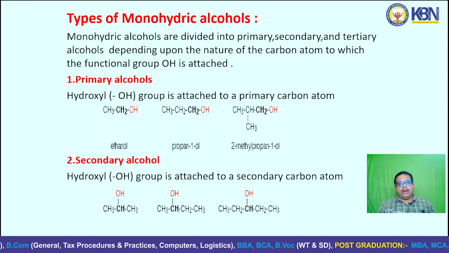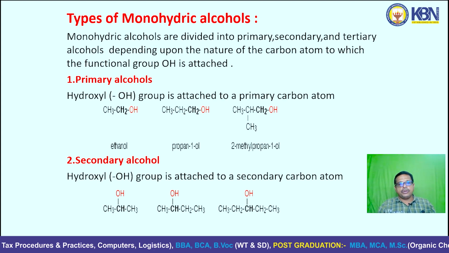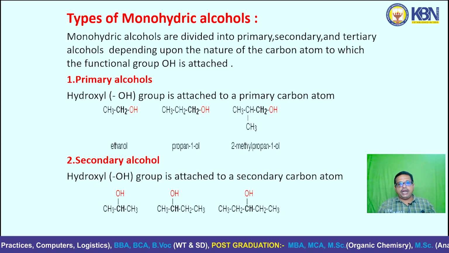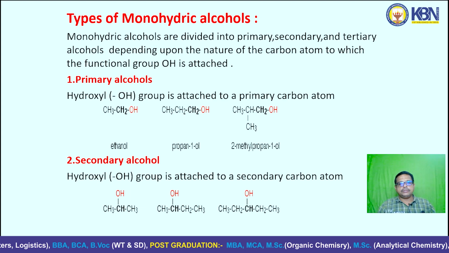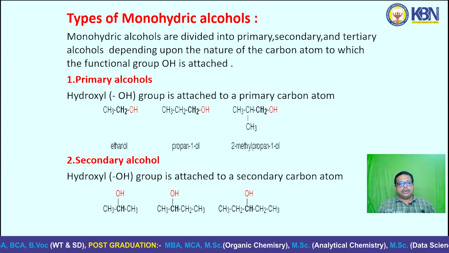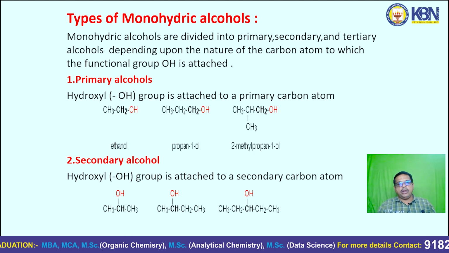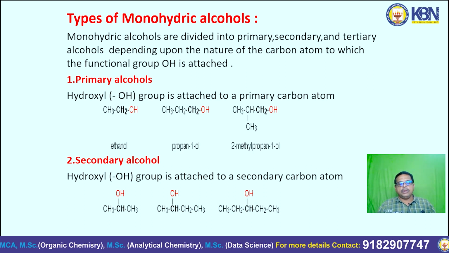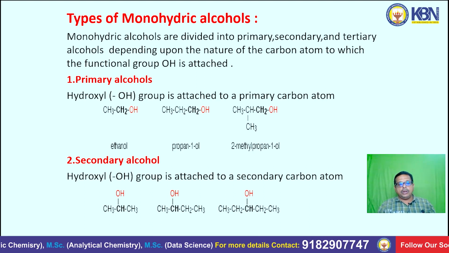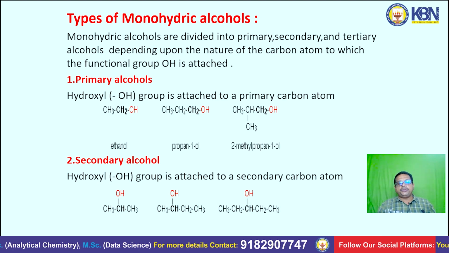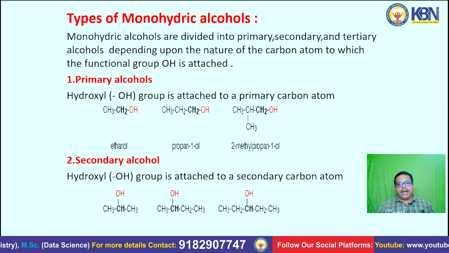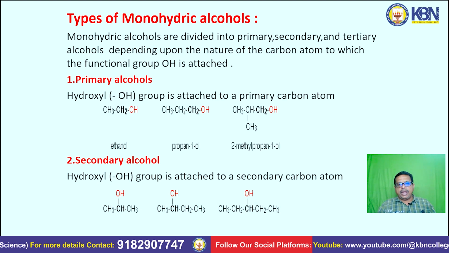In propan-1-ol also, the OH group is attached to the primary carbon atom. In the third example, 2-methylpropan-1-ol, here also the OH group is directly attached to the primary carbon atom.